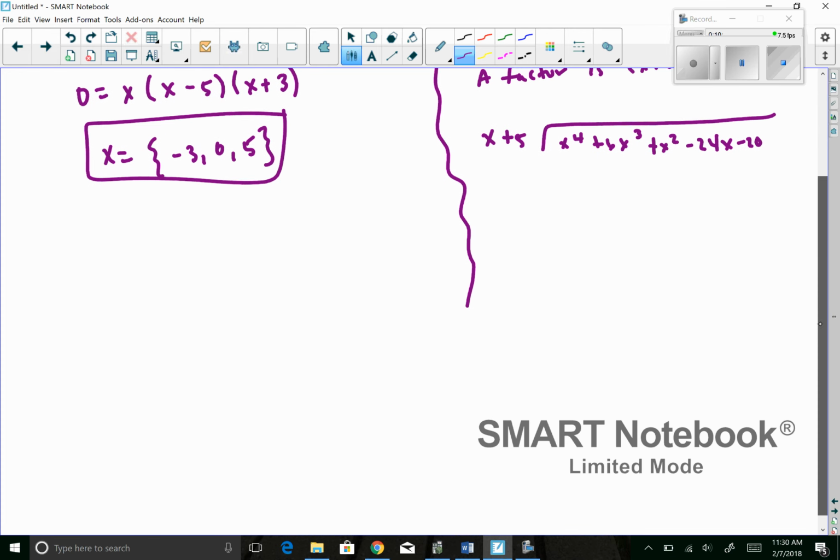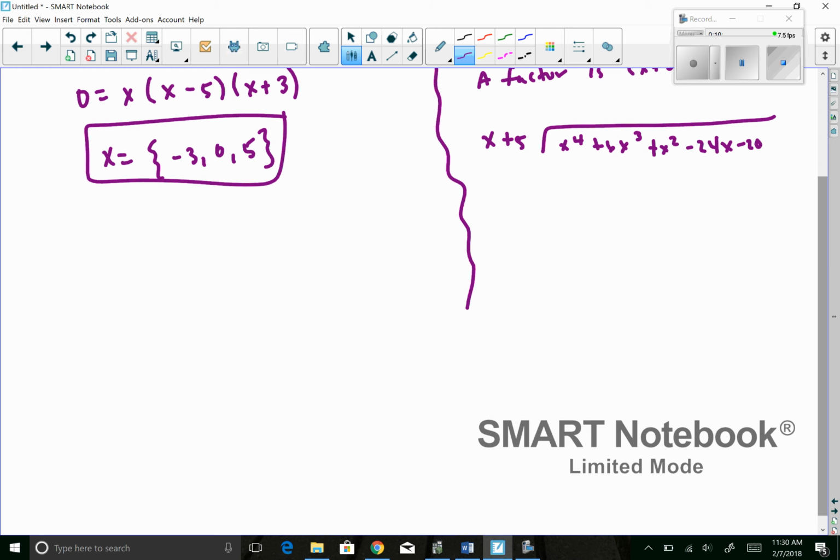So if we do some division here, I see I'm going to get x cubed, which is x to the 4th, that's good, and 5x cubed. Those subtract, so that gives me x cubed again, and then the x squared comes down. So to get x cubed, that would have an x squared. So I have x cubed plus 5x squared.